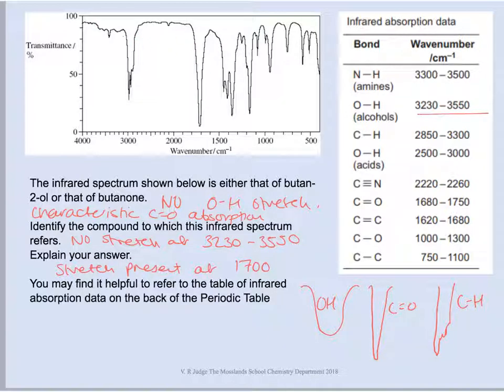You have to have a good look at these peaks and figure out what's where. But basically that's what you need to be able to do. Either identify which compound the spectrum is for, or identify which spectrum goes with a compound, or discuss this knowledge of the fingerprint region between 500 and 1500 wave numbers, and that is used to identify a compound, definitely.